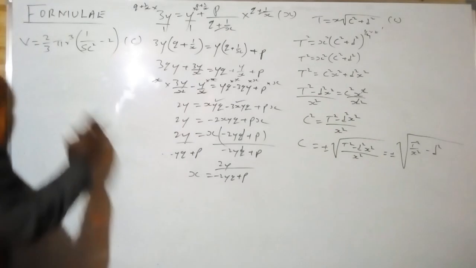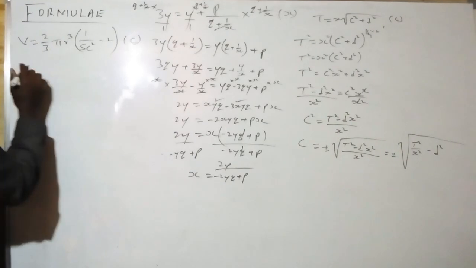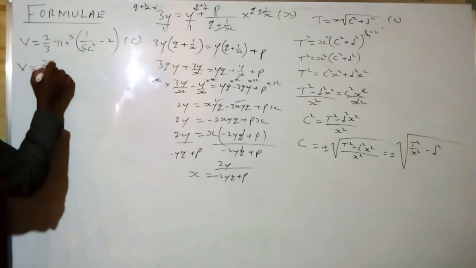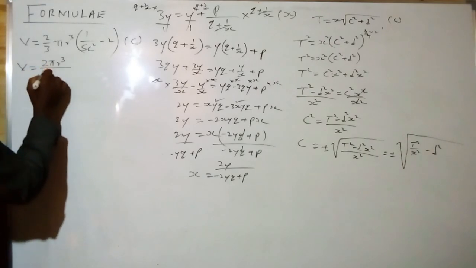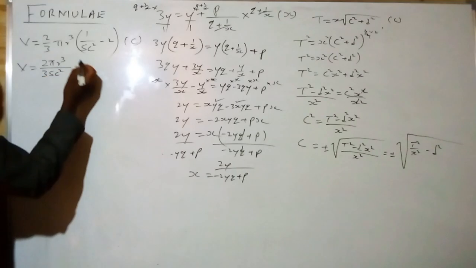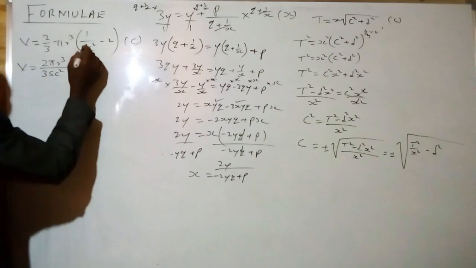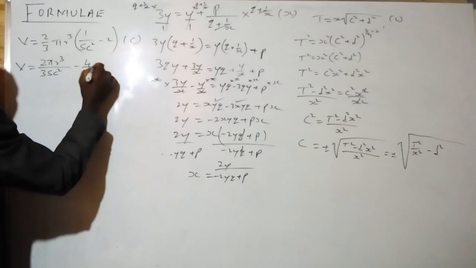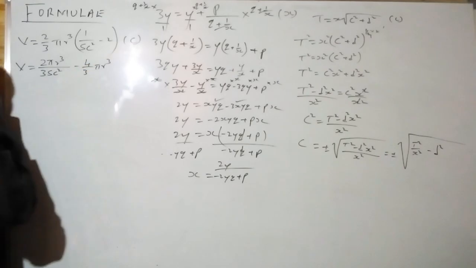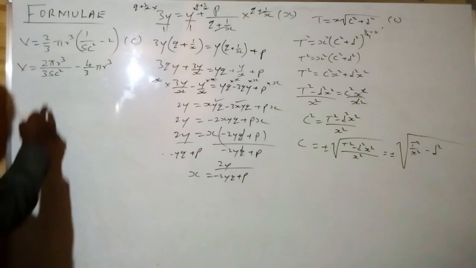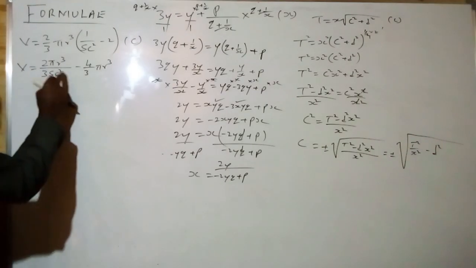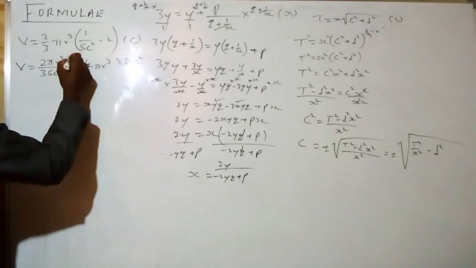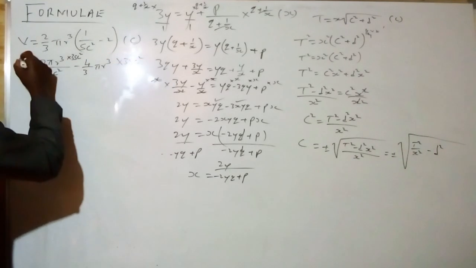You can open the bracket to have v is equals to 2 pi r cubed all over 3 c squared, correct, minus the whole of this multiplied by 2, we are going to be left with 4 all over 3 pi r cubed, like that. LCM is supposed to be 3 c squared. We multiply by 3 c squared throughout.